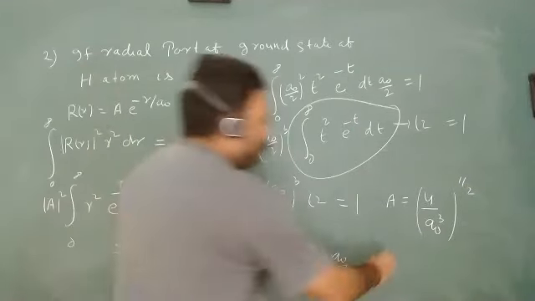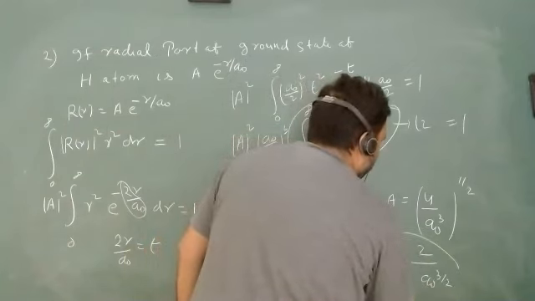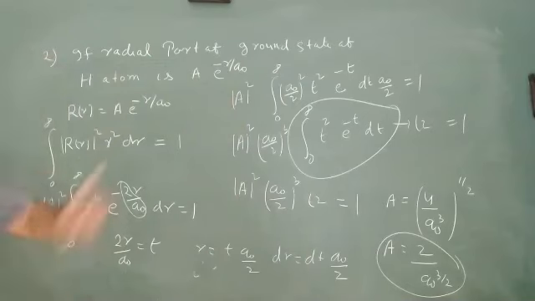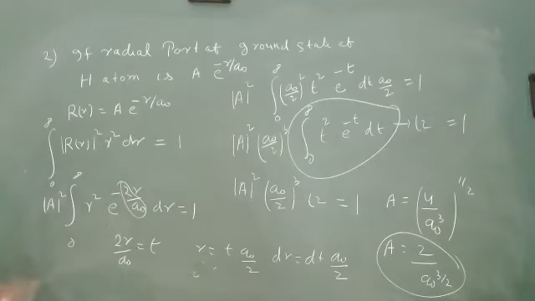You can write it as 2 upon a naught to the power 3 by 2, simple. This is the normalization constant of the radial part. Are you getting this integration? I am just doing it once, and next time I will write it directly.